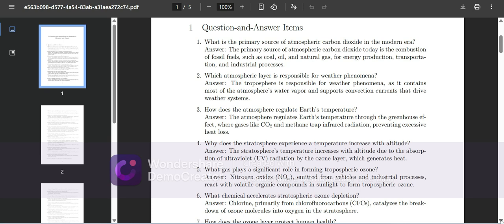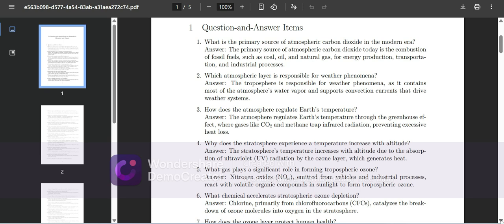How does the atmosphere regulate Earth's temperature? The atmosphere regulates Earth's temperature through the greenhouse effect, where gases like carbon dioxide and methane trap infrared radiation, preventing excessive heat loss.